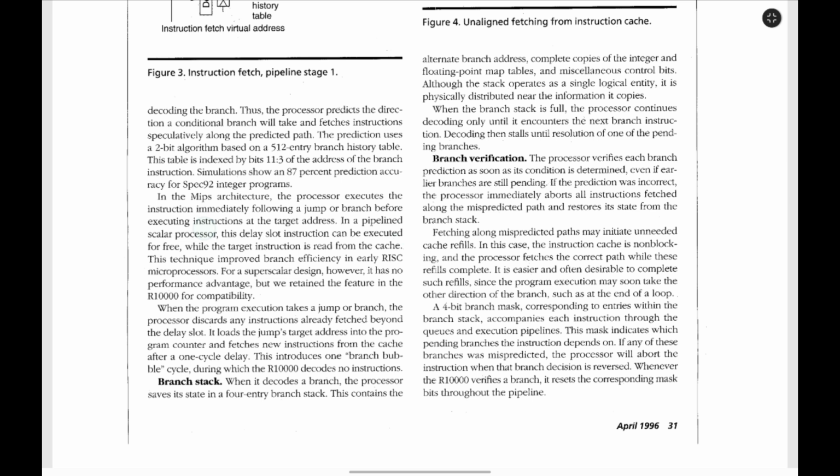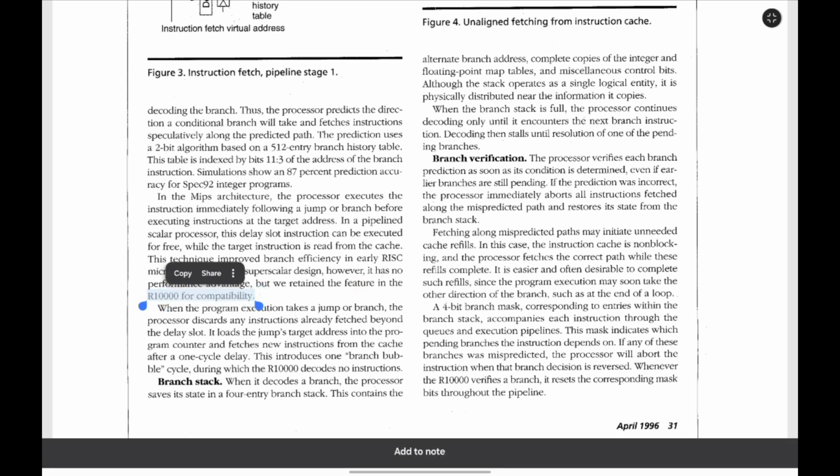This technique improves the branch efficiency in early RISC processors. For a superscalar design, however, it has no performance advantage, but we retained the feature in the R10000 for compatibility.